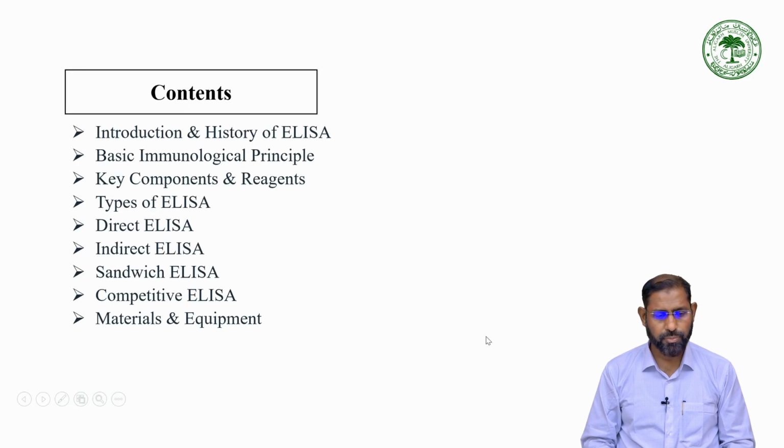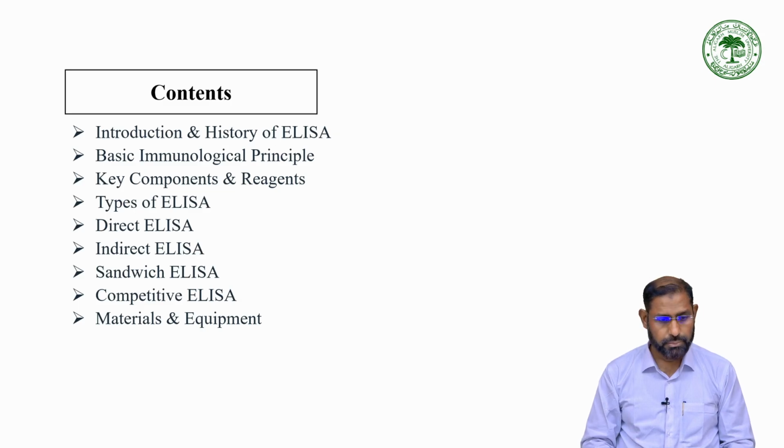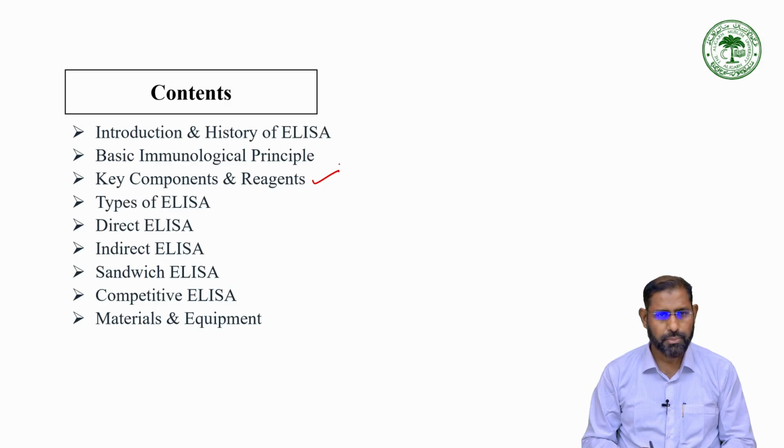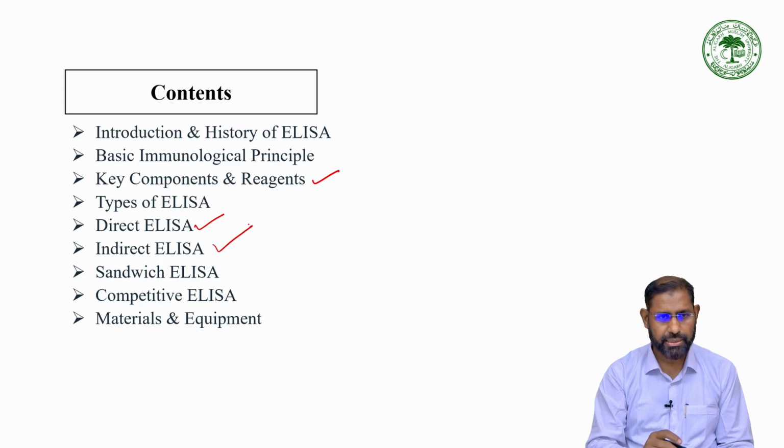The content of my slides is: introduction and history of ELISA, basic immunological principles, what are the key components and the reagents, and also we discuss the types of ELISA, that is direct ELISA, then indirect ELISA, the sandwich ELISA, competitive ELISA, and materials and equipment.